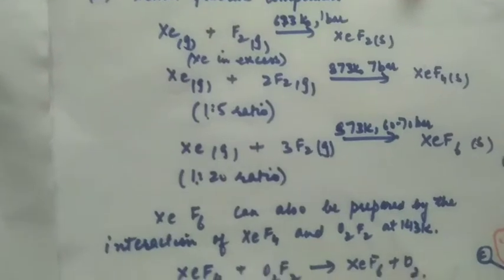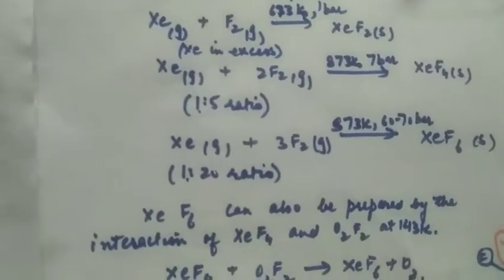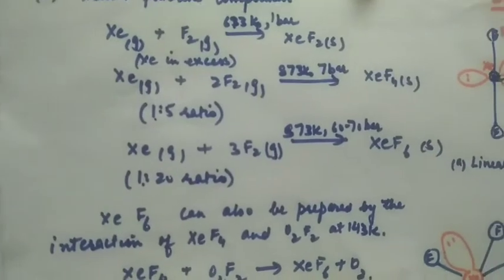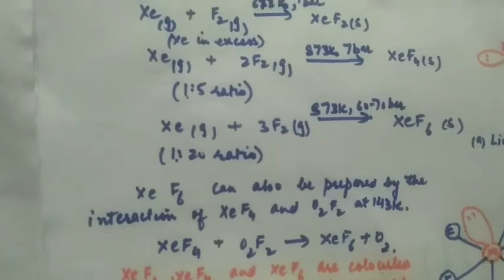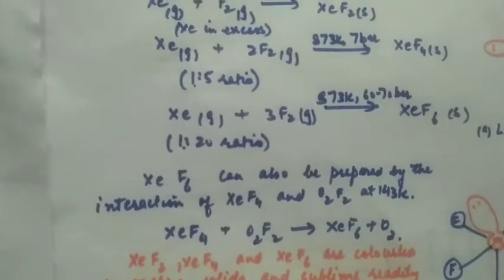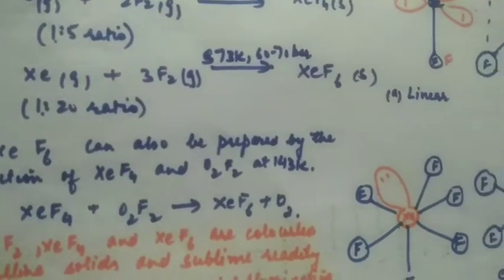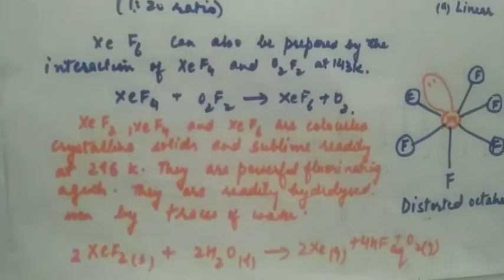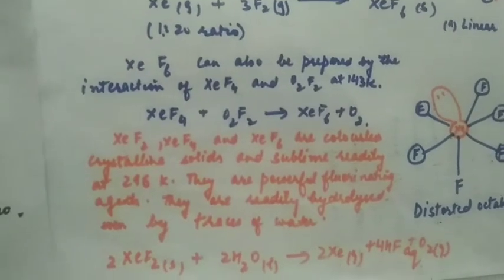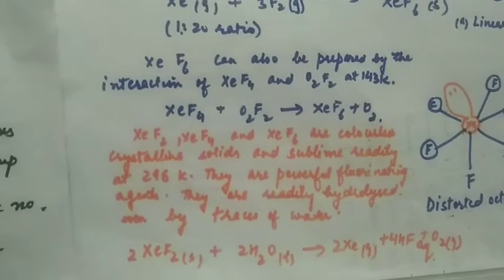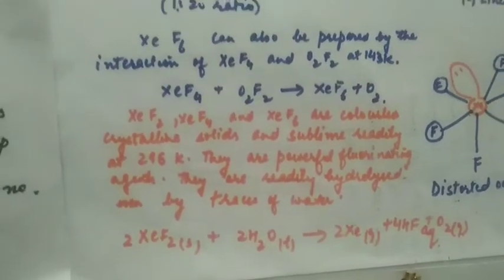When xenon and fluorine are mixed in a ratio of 1:5 at 273 Kelvin and 7 bar pressure, xenon tetrafluoride is formed, and in the 1:20 ratio at temperature of 573 Kelvin and 60 to 70 bar pressure, xenon hexafluoride is formed. Xenon hexafluoride can also be prepared by interaction of xenon tetrafluoride and oxygen difluoride at 143 Kelvin.